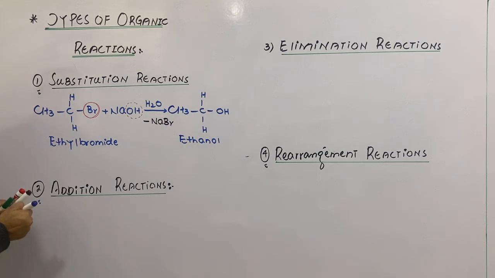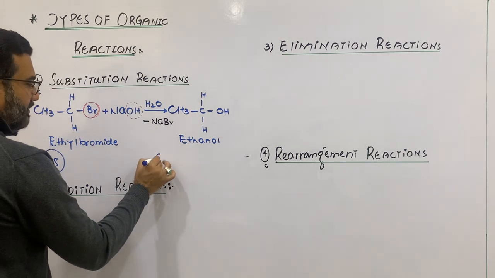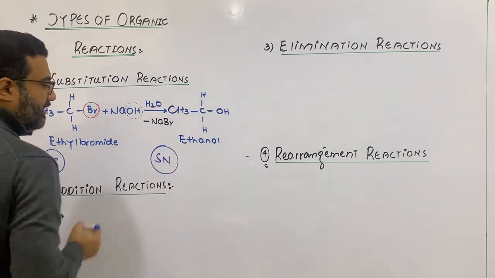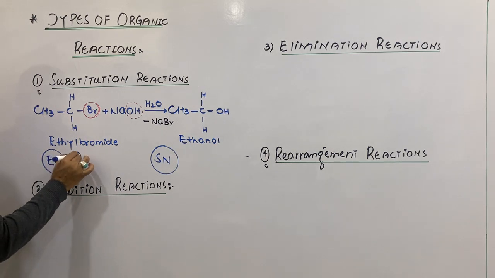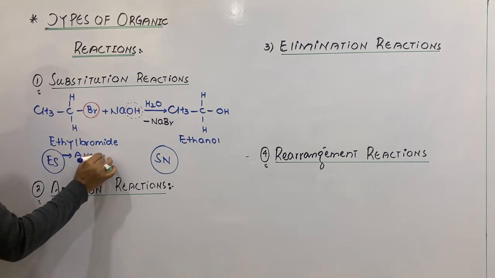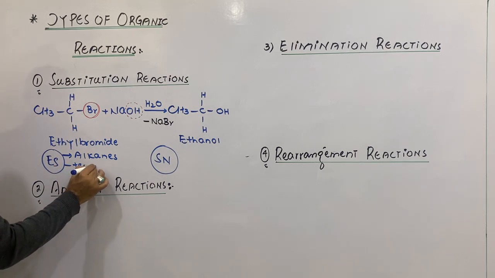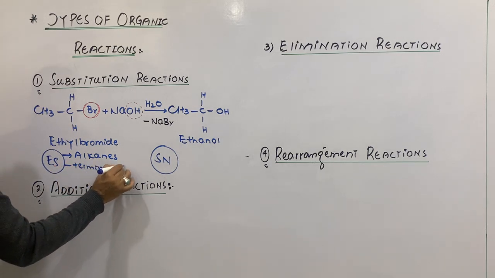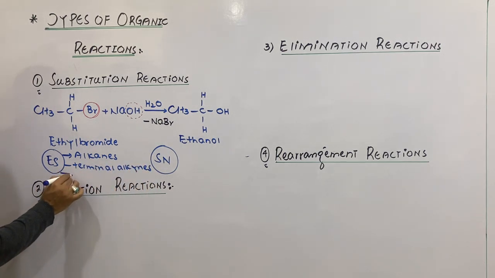Now the substitution reactions may be electrophilic substitution if an electrophile attacks, or nucleophilic substitution if a nucleophile attacks. Electrophilic substitution reactions are usually shown by alkanes, terminal alkynes when they show their acidic property, and benzene.